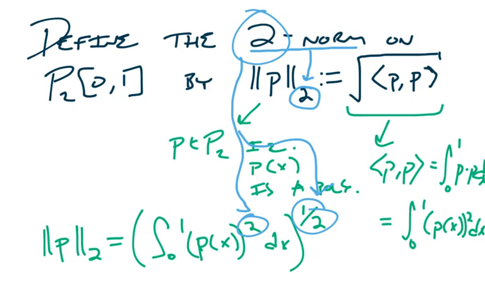So this is why it's called the 2 norm. This is the natural extension of the usual way of measuring distances that we're used to, what we call the Euclidean norm. The Euclidean norm on, say, R2 is the square root of x squared plus y squared.